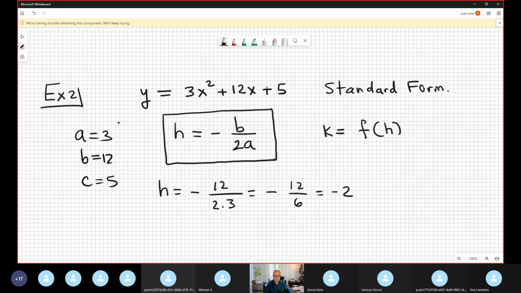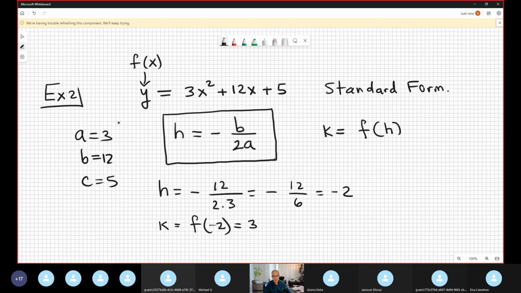And what about K? In order to find the K, you evaluate in that function. Suppose in your mind this is function notation, f of x. You evaluate in minus 2. In other words, you replace x with minus 2.